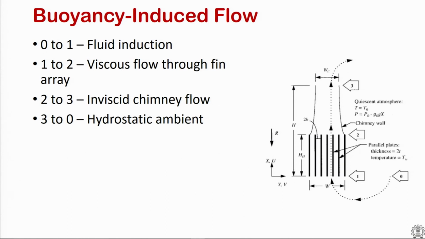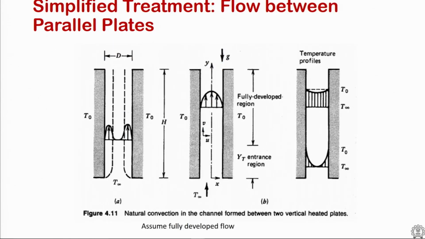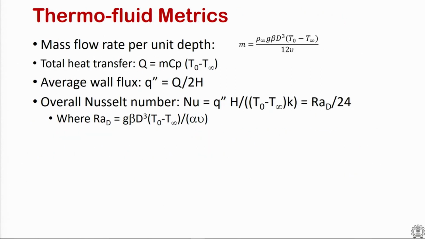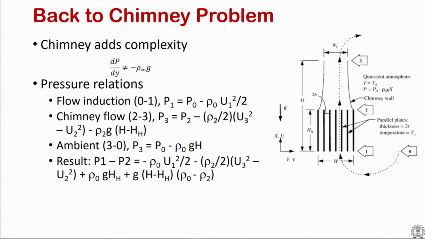After 3, the exhaust goes back to the ambient, which is quiescent. For a simplified treatment, use parallel plate fully developed flow, write the governing equations and make some approximations, and the overall heat transfer can be calculated much more easily.